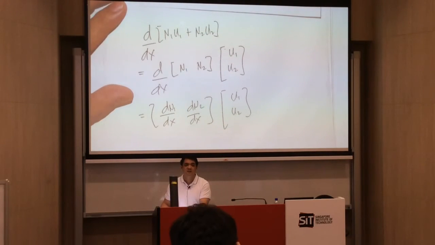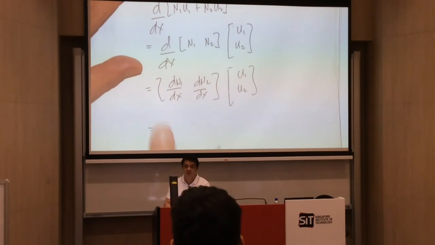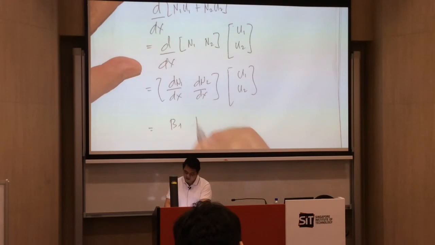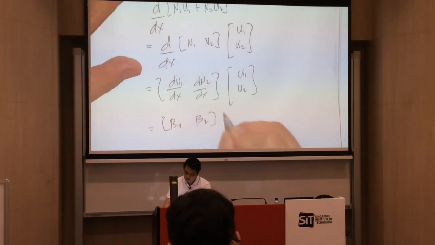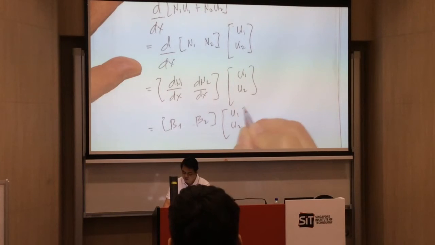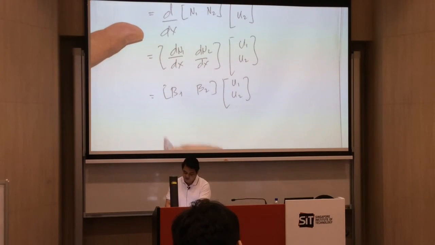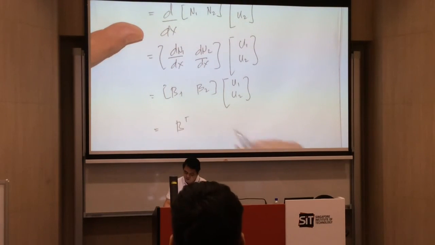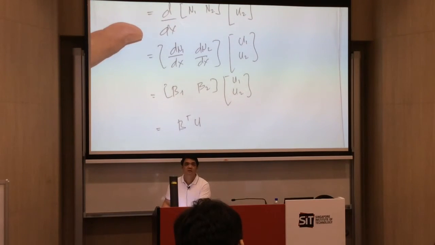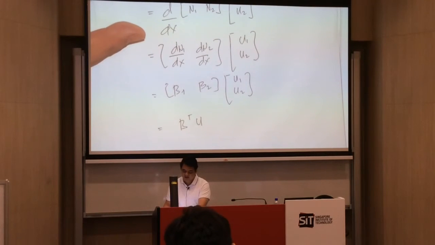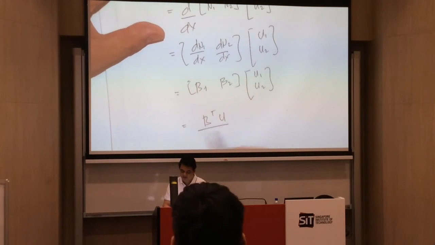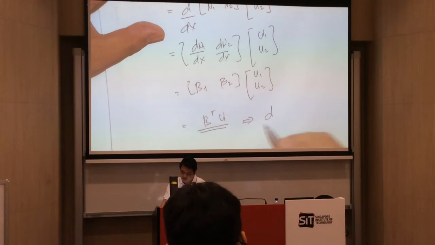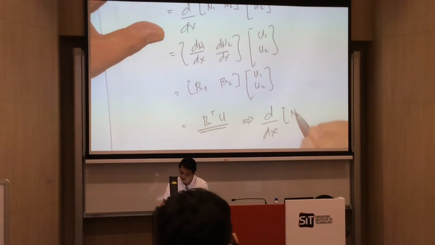Yes? So these are your displacements, and then you can have now this one to be d1 d2, and this will be u1 u2. So you can have now this one to be your B transpose U. So take note, this one now is your d/dx of N1 U1 plus N2 U2.